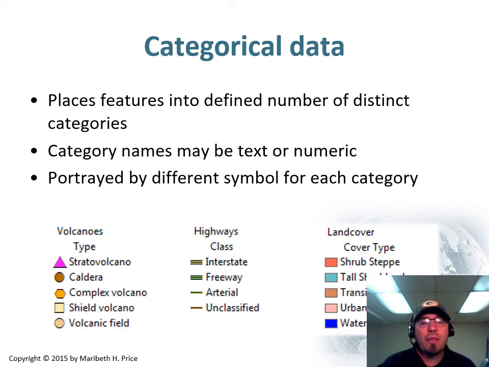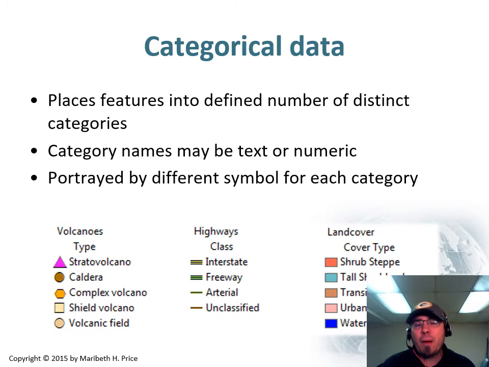Within the volcanoes, you can differentiate stratovolcano, caldera, complex, shield, or volcanic field. You can have a different symbol for each one of the different types of volcanoes, and that's really handy. Same thing applies for lines. We use highways as an example: unclassified, arterial, freeway, and interstate, with a different symbol showing the different kinds of roads.